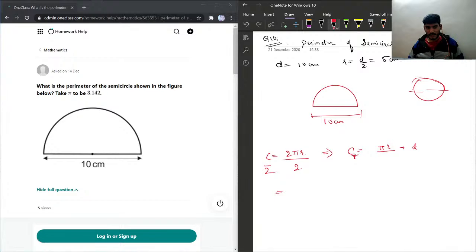So I will take pi as 3.142 into 5 plus 10, and this will become 25.71.